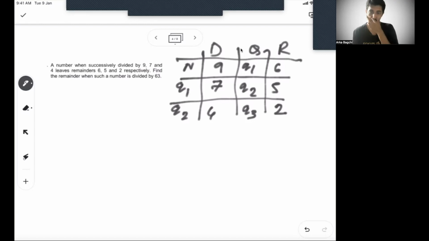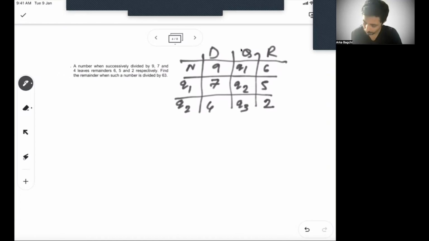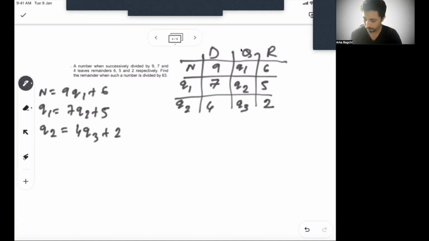Let's see if I can find n from here. Now I can say n is nothing but 9Q1 plus 6, since divisor into quotient plus remainder is the value. Q1 I can write as 7Q2 plus 5, and Q2 I can write as 4Q3 plus 2.